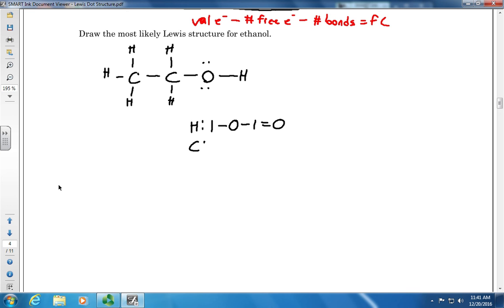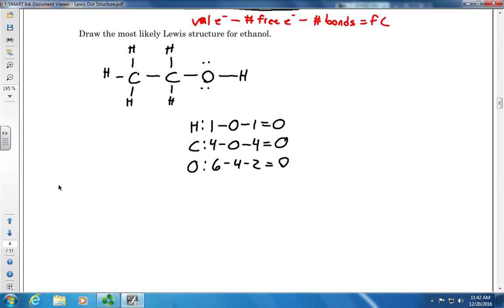Carbon. Both carbons have 4 valence electrons, 0 free electrons, and each of them has 4 bonds. So it too has a 0. Oxygen starts with 6, has 4 free electrons and 2 bonds. Look at that.